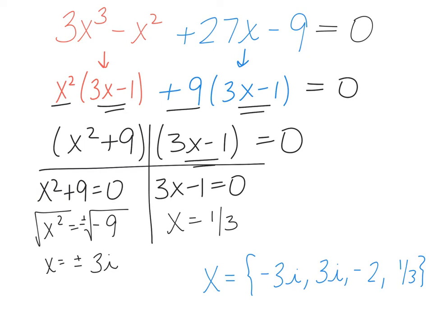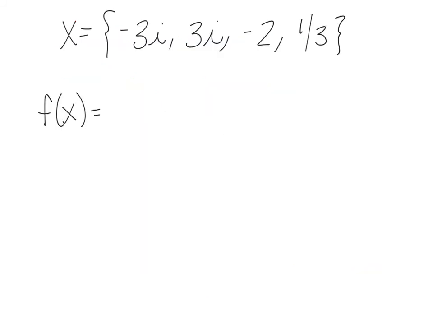So if we are asked to take those roots one step further and actually write the function in factored form, we're going to take our roots here, and I'll show you the two steps that I use to factor this out.